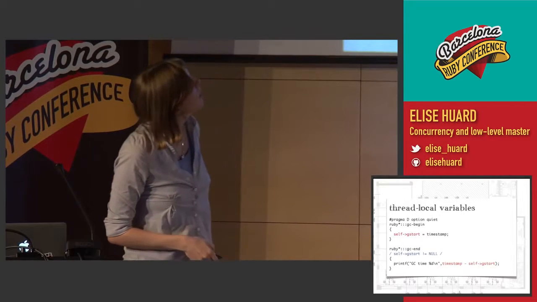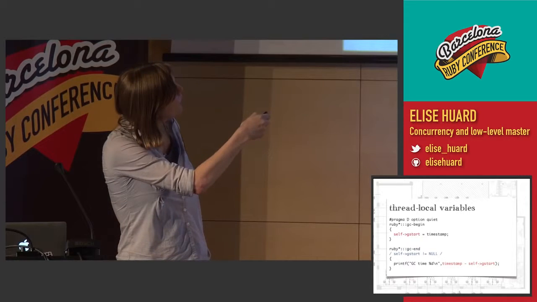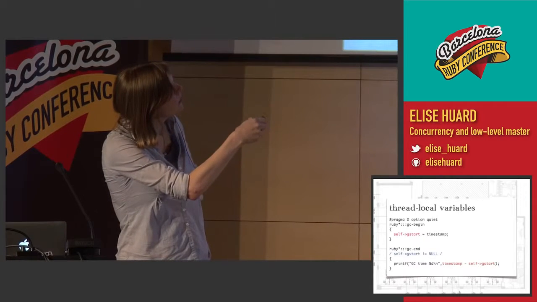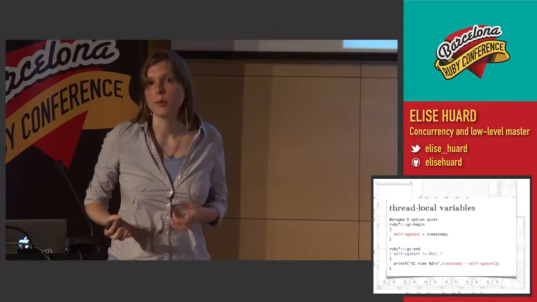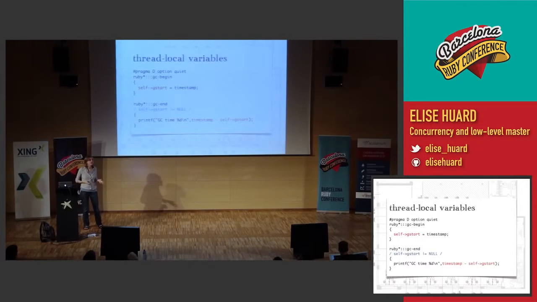There we go. And I can add a predicate, so I can add a condition. In this case, it probably won't be much use because GC end probably won't run if GC begin hasn't run before. But just in case, if G start is null, then this consumer won't fire.